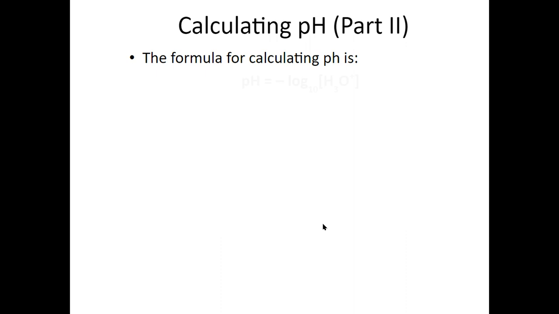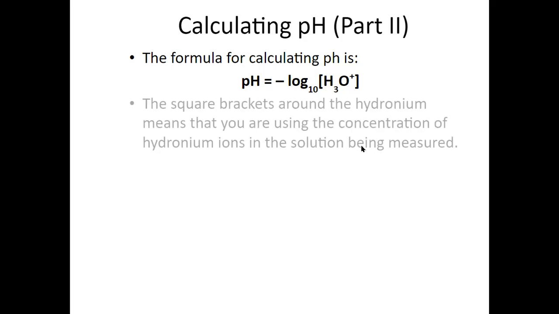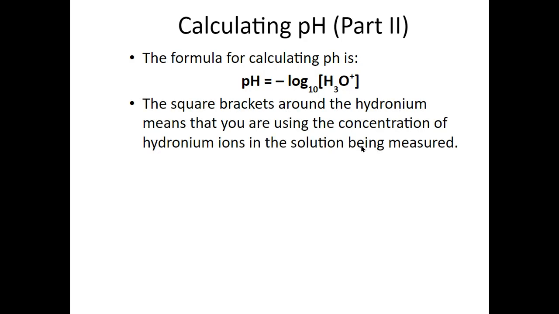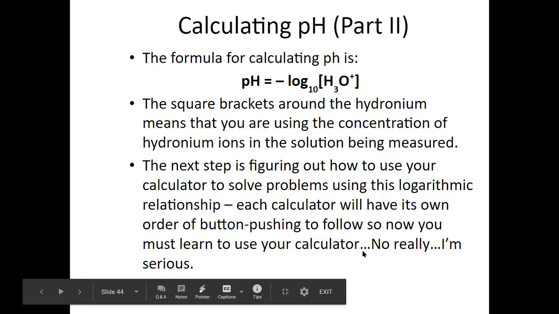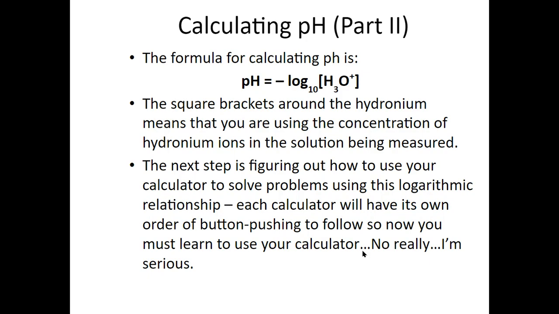Calculating pH part 2, the formula. The formula for calculating pH is pH equals the negative log of the hydronium ion concentration. The square brackets around the hydronium ion mean that you're using the concentration of hydronium ions in the solution being measured. So the next step would be figuring out how to use your calculator to solve problems using this logarithmic relationship. Each calculator will have its own order of button pushing to follow, so you must learn to use your calculator.